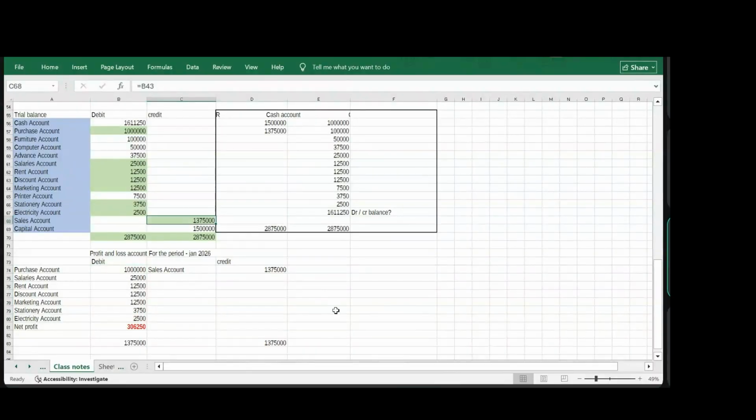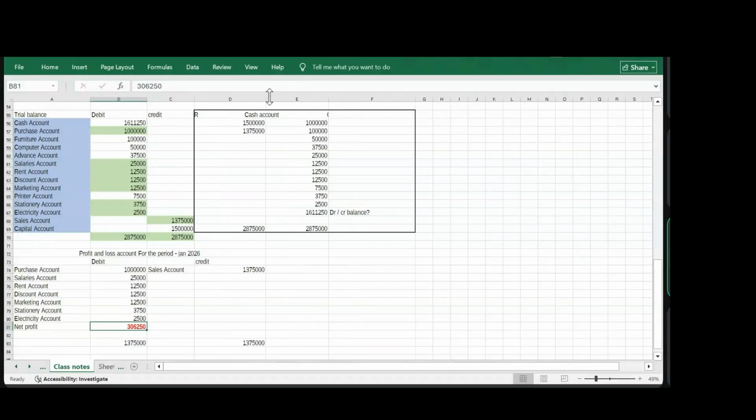The remaining are your balance sheet accounts. Whatever I have highlighted in green here, the net of this one is on the credit side and all the other greens are on the debit side. The net of greens on debit and greens on credit is your 3,06,250. Correct? Agreed? Or any dispute there? Come on, guys, talk. Okay, so this is our P&L account.